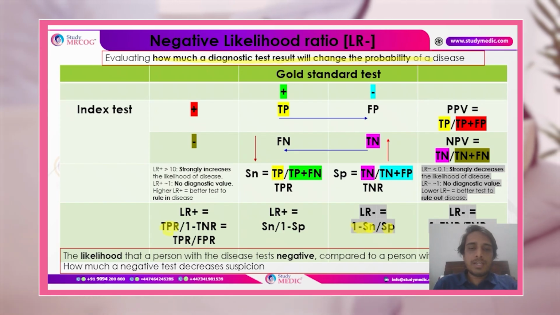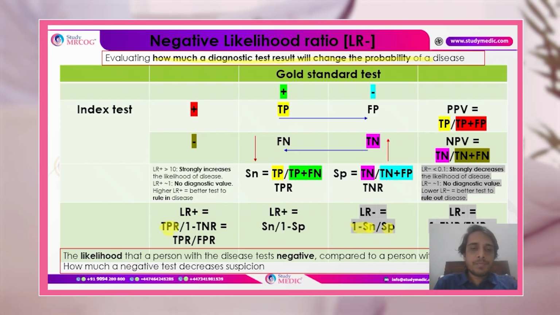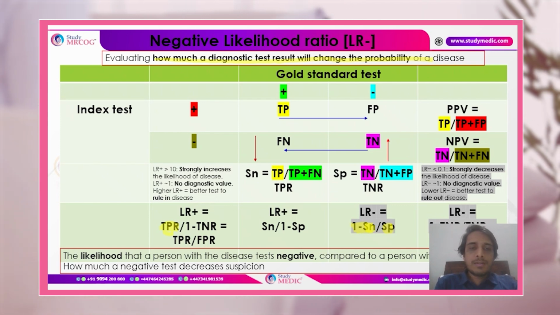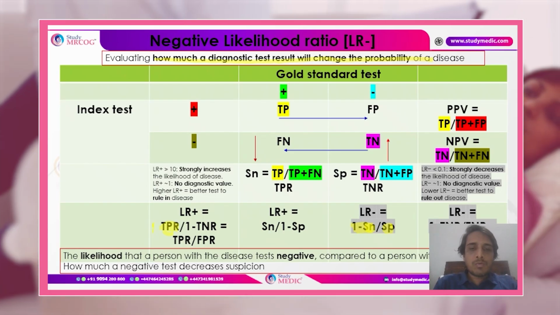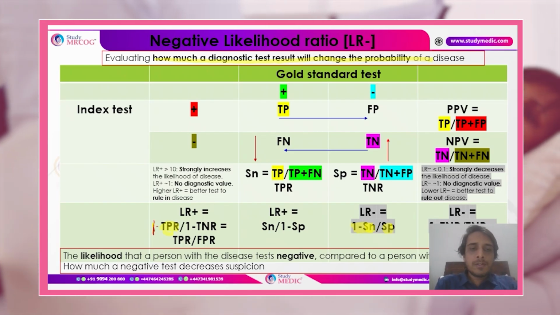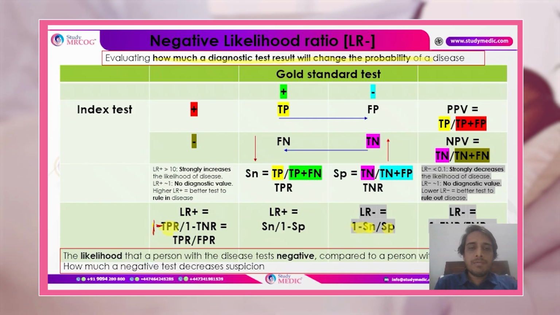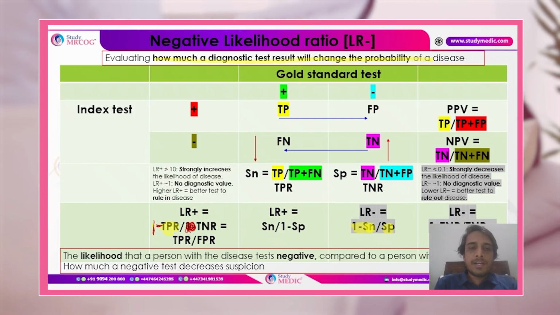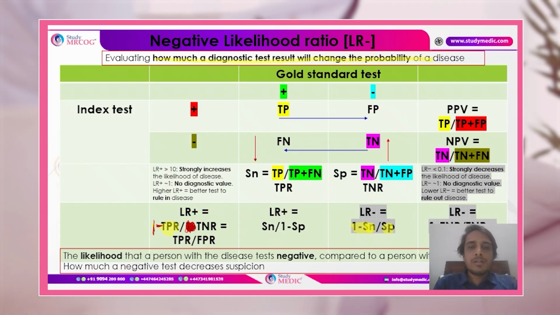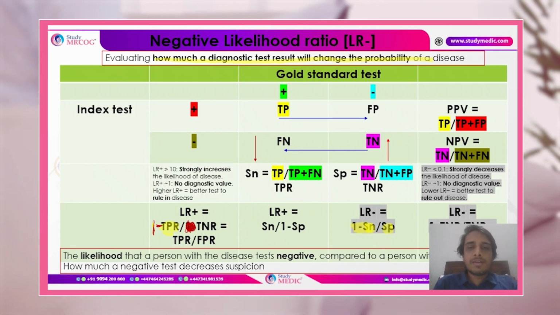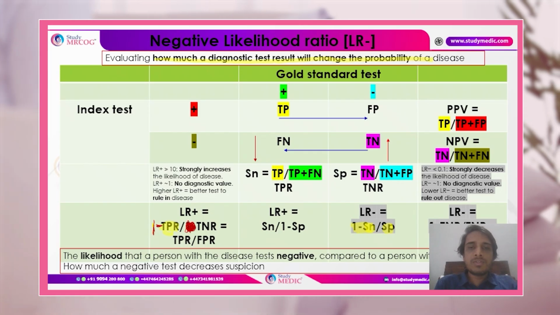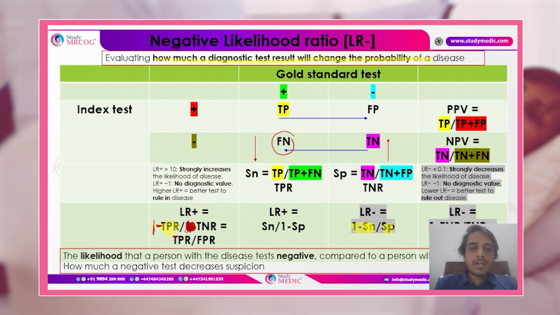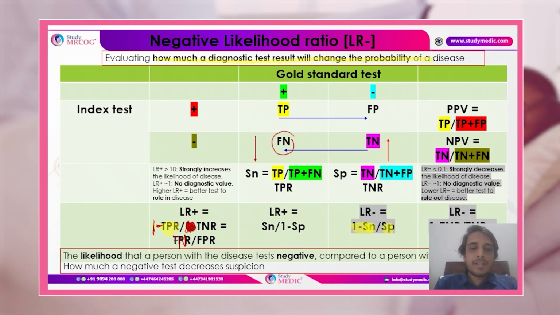So here you write 1 minus the true positive rate divided by the true negative rate. What is the true positive rate? It is sensitivity. So 1 minus the true positive rate becomes the false negative rate.